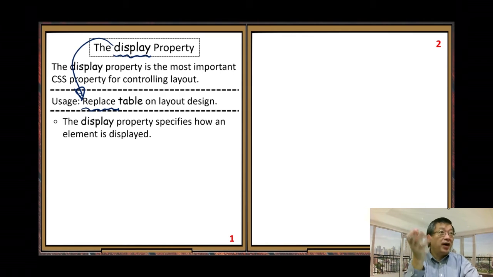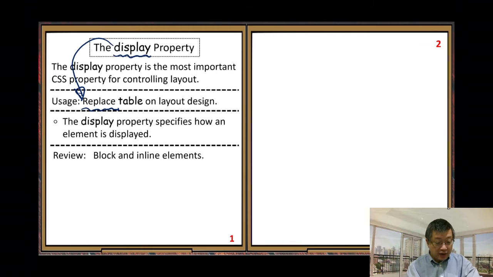How do you want to display an element? Display is the name of a property. Then you have different property values, and those values will tell the web browser how to display that particular element.